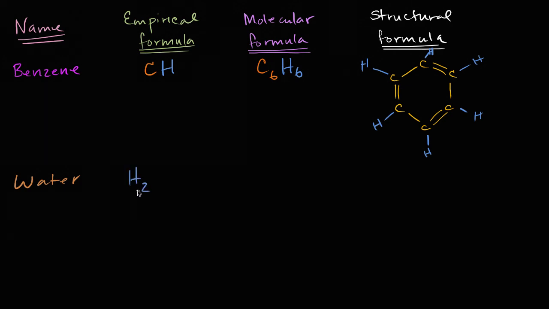Now, what I just wrote down I thought of in terms of an empirical formula, in terms of ratios, but that's actually the case: a molecule of water has exactly 2 hydrogens and 1 oxygen.